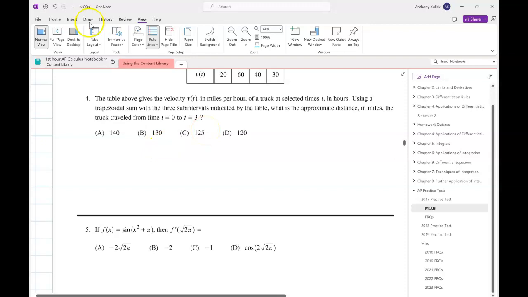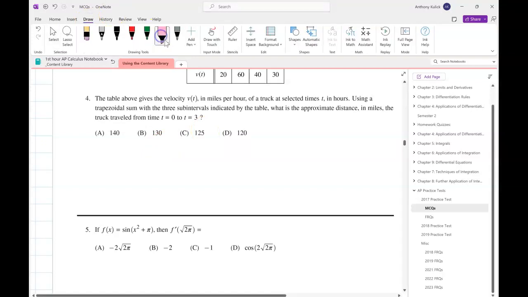When I looked at this, my suspicion was trapezoidal was the issue. So does anybody remember the area formula for a trapezoid? Okay.